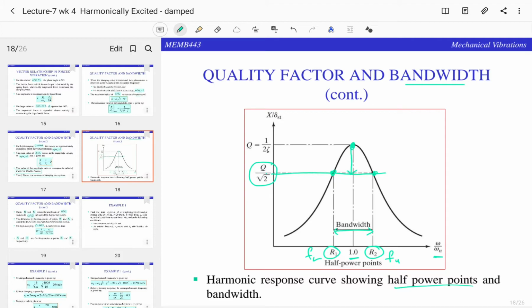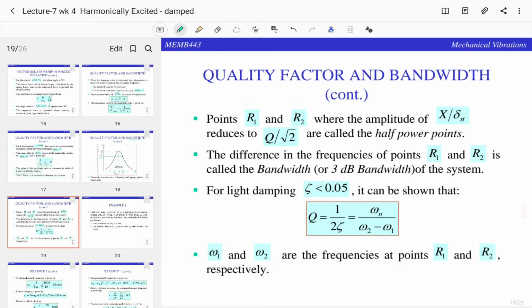So this is how we define bandwidth. You go down to where the value of the peak is divided by square root of 2, and then find the corresponding frequencies. The difference, or range, is what we call the bandwidth.